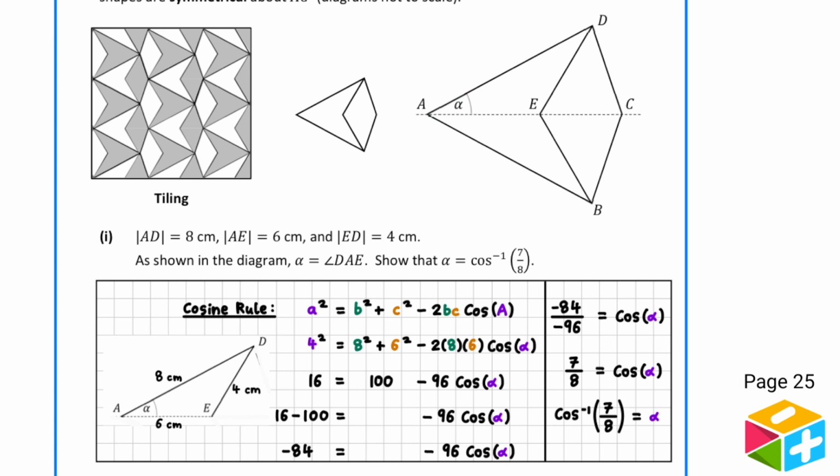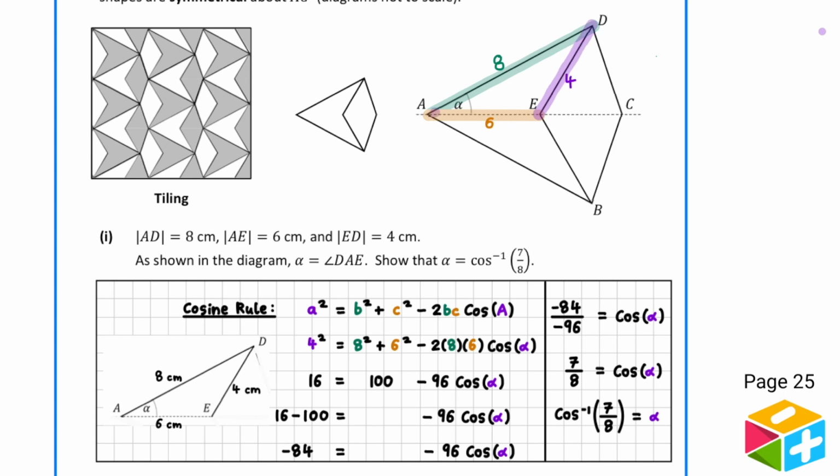In part I, we're provided with several side lengths. We're told that AD is equal to 8 centimetres, AE is equal to 6 centimetres, and ED is equal to 4 centimetres.